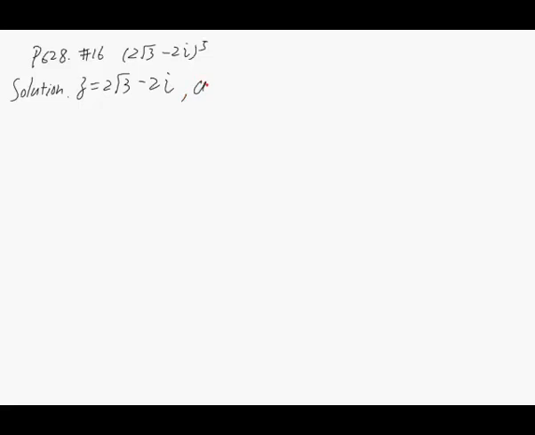So first, for this complex number z, we know the real part a is equal to 2 times root of 3. The imaginary part b is equal to negative 2. So first, we can find the modulus. The modulus r is equal to the square root of a squared plus b squared.